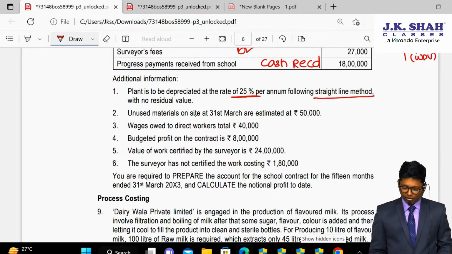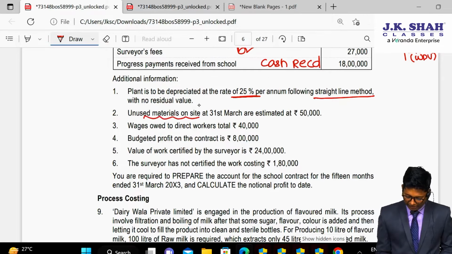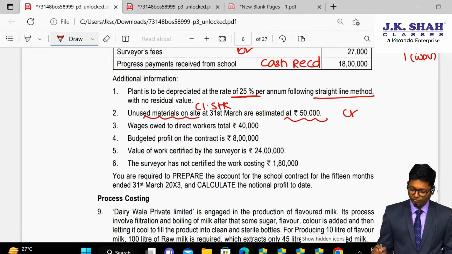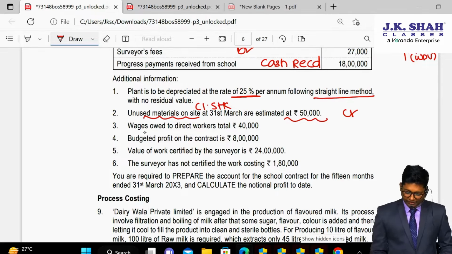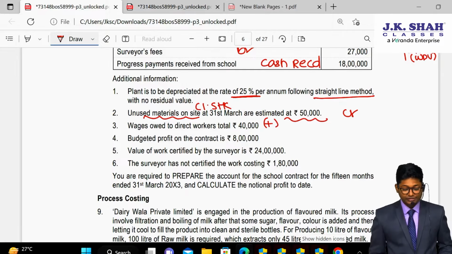Unused material on site. Unused material at site is a closing stock at site, estimated at 50,000, and closing stock of material we always record on the credit side. Wages owed to direct workers, total rupees 40,000. Wages owed means wages payable, and wages payable are to be added to the wages.